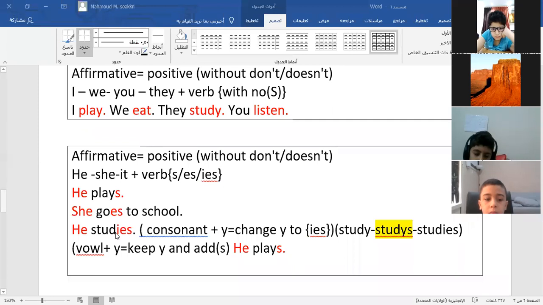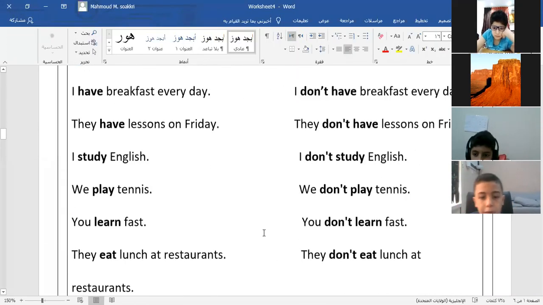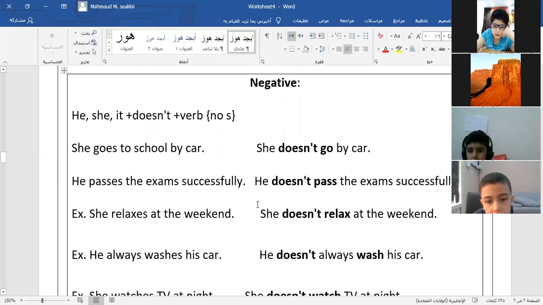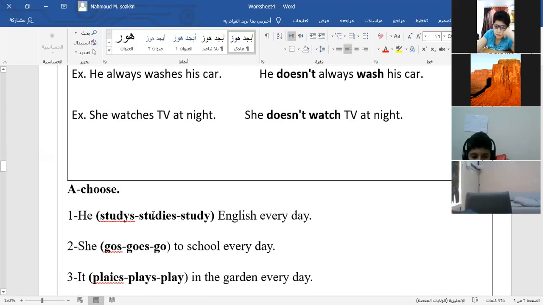What happened to Y here? We put IES, right? Yes. So if the verb ends with Y, before Y we have a consonant, like D, we change Y into IES. Okay? Thank you very much, Yusuf Khalid. You finished the question, you can mute yourself.